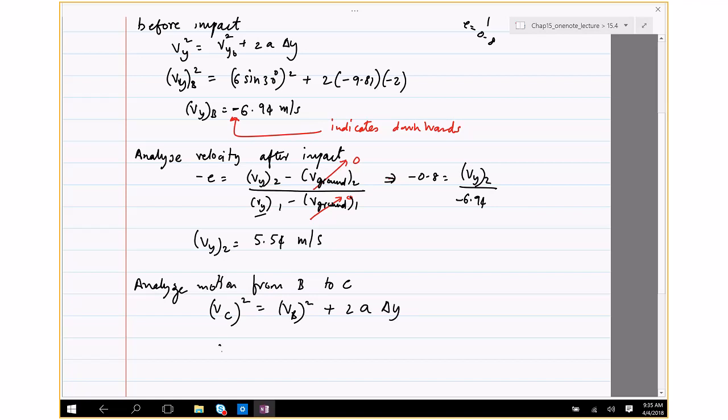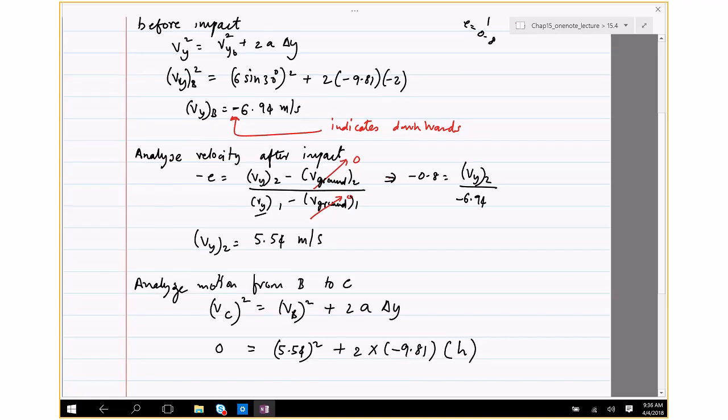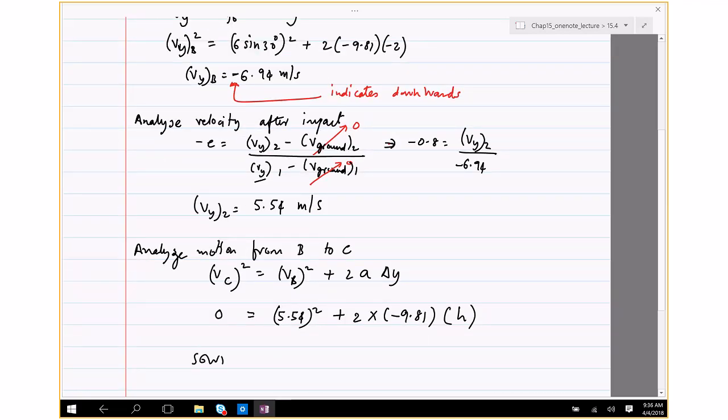Velocity of C, since it's the highest point, is 0. Velocity of B is 5.54, which I just found, plus 2 times gravity, which is downward so minus, and delta y is upward, so positive h. If you solve for h, since that's one equation, one unknown, you get 1.57 meters.